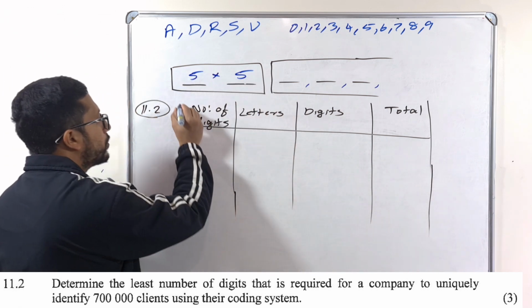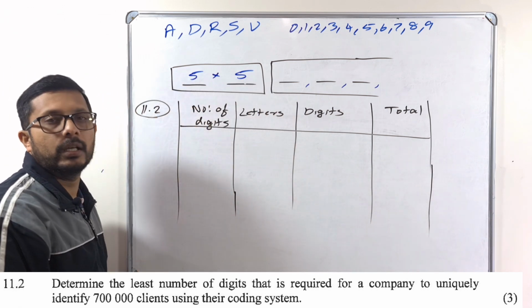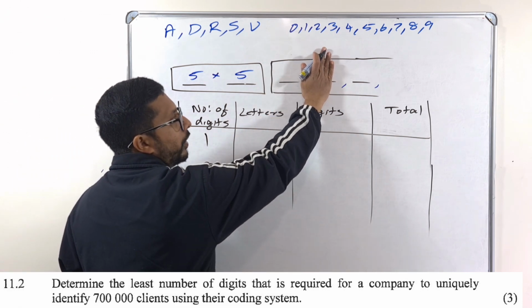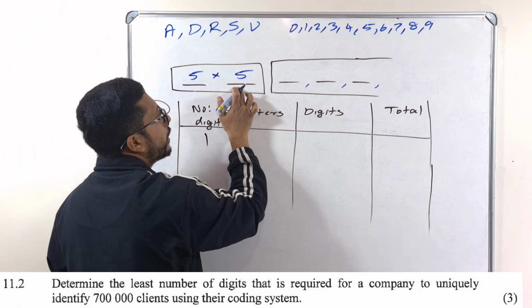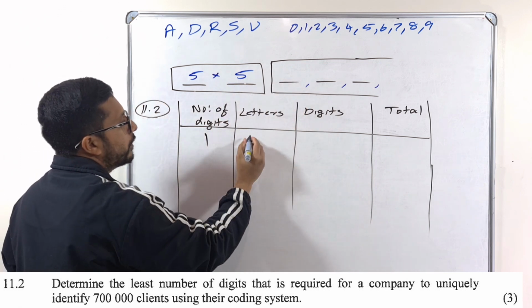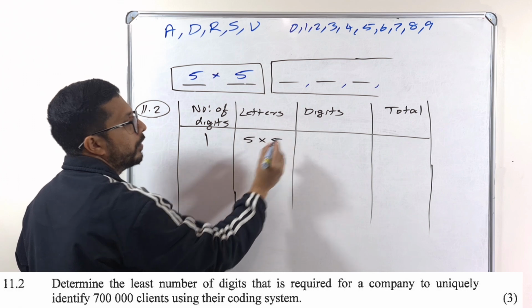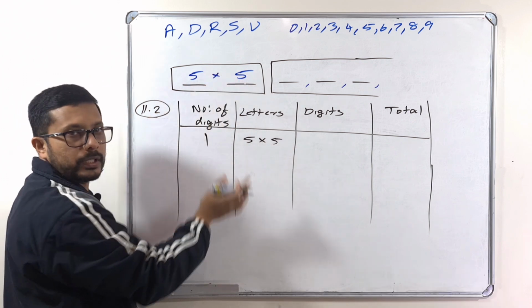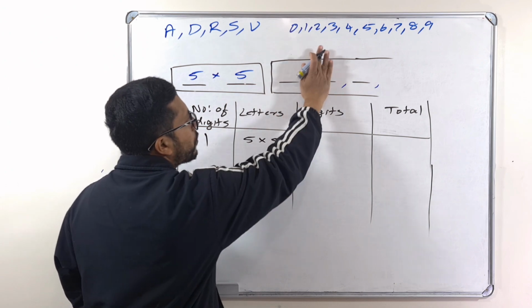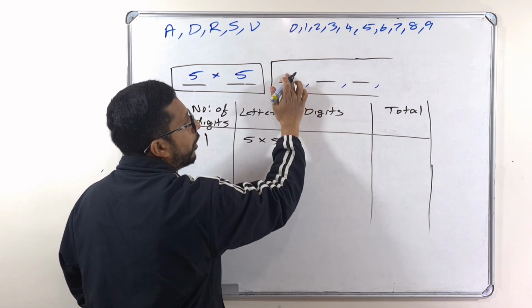Okay, so number of digits, let's assume that we are taking only 1 digit. That means 2 letters and 1 digit. Letters, how many possibilities? 5 times 5, that means 25 different options. Digits, if it is only 1 number, how many possibilities?